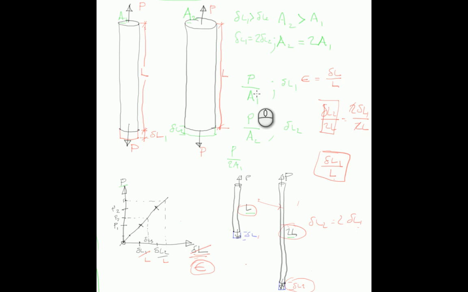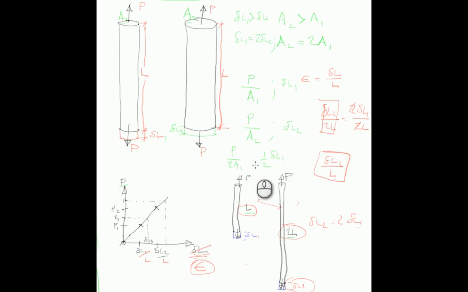Okay. So that gives rise to 1 over 2 delta L1. Okay. So we've halved this value here, and we've halved this value here.